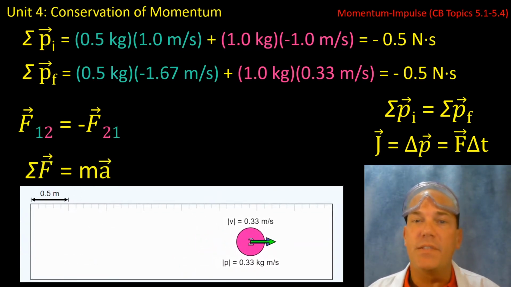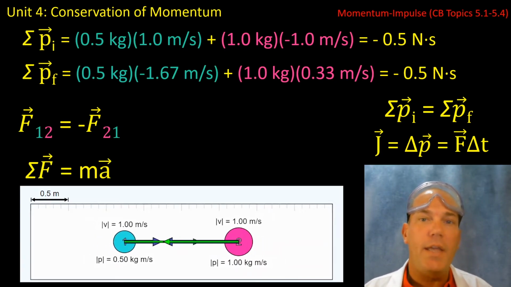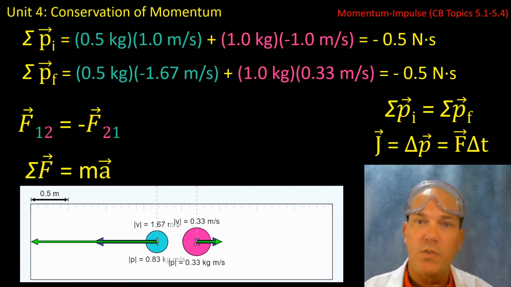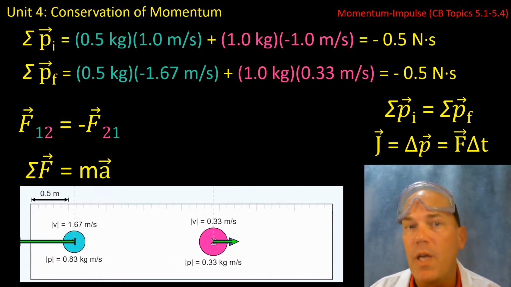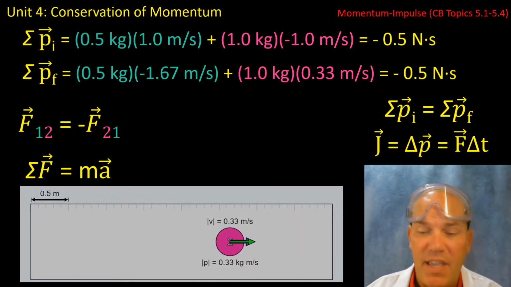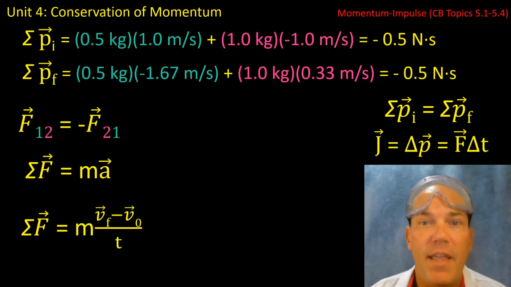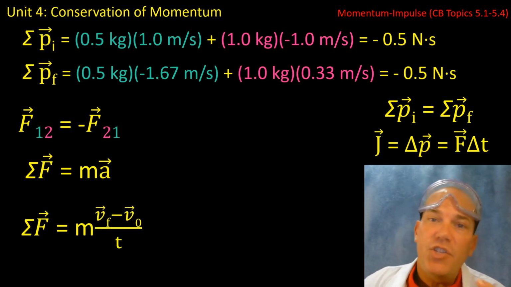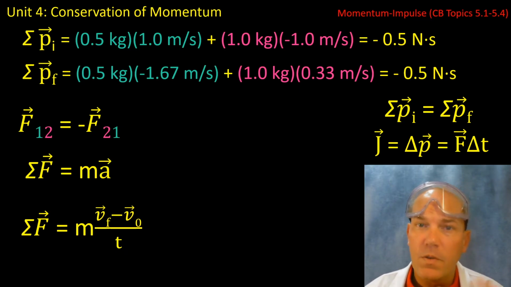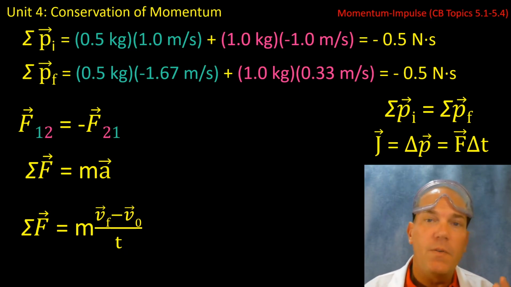If we take this a step further, the sum of the forces, or the net force, is equal to the product of mass and acceleration, and acceleration is a change in velocity over a duration of time, so v final minus v initial.